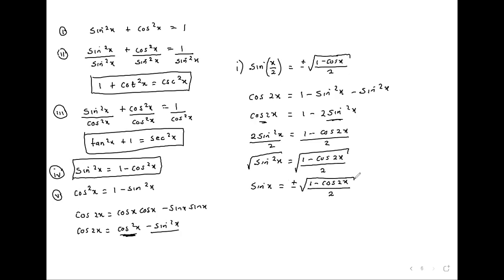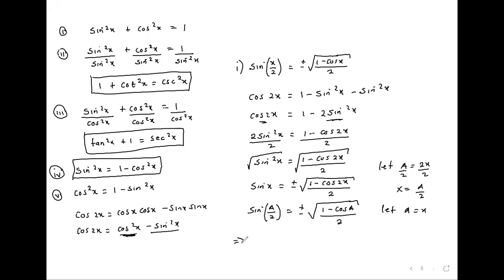When you get such a thing, you let a be 2x, so that if you divide by 2, x becomes a over 2. So where there is x here, we'll have a over 2, plus or minus the root of 1 minus, where there is 2x, we said it is a. Then you let a be equal to x.